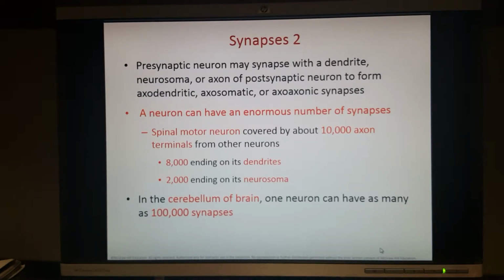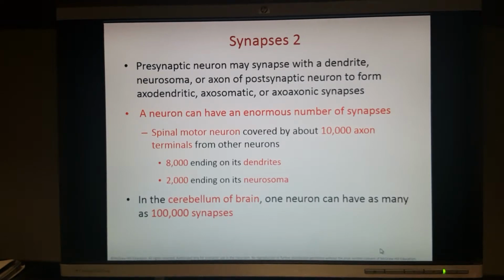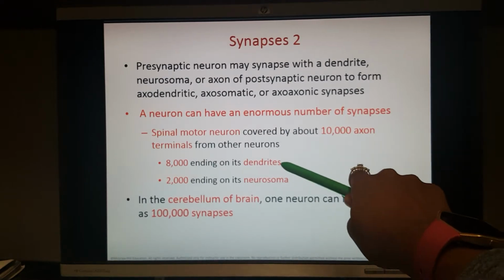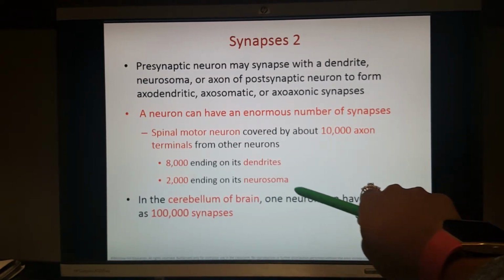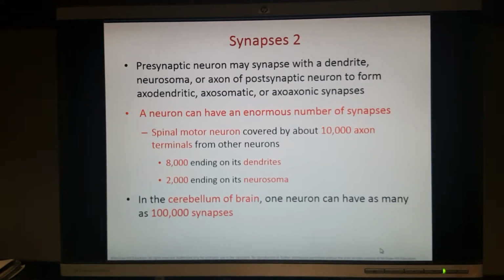You can have a ton of synapses between cells. For example, a spinal motor neuron, sending a signal from the spinal cord to a target motor cell, can have about 10,000 axon terminals, most of them in the dendrites, about 8,000 there, and about 2,000 ending in the neurosoma.